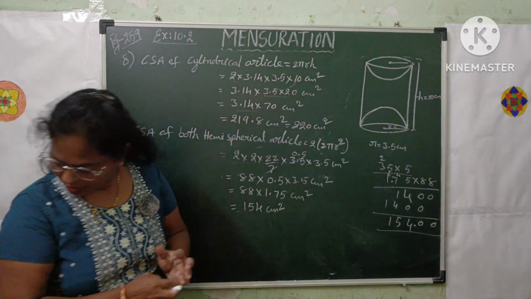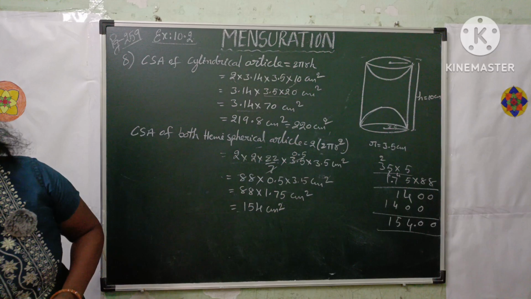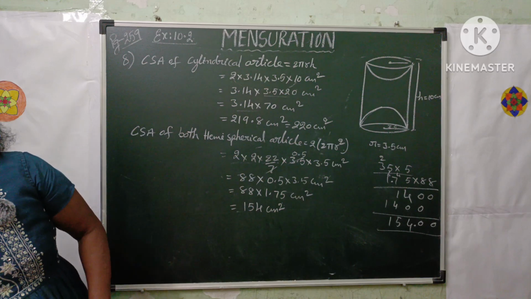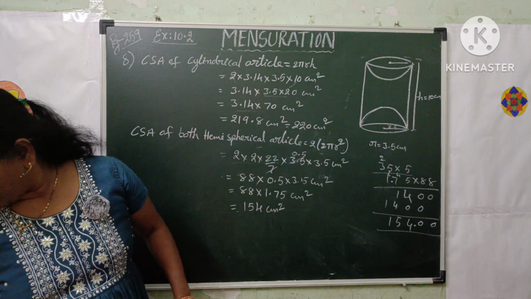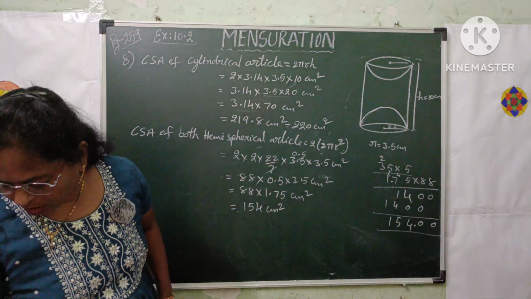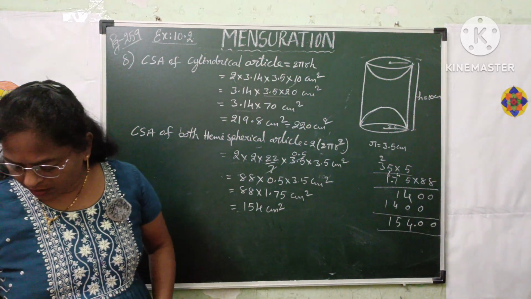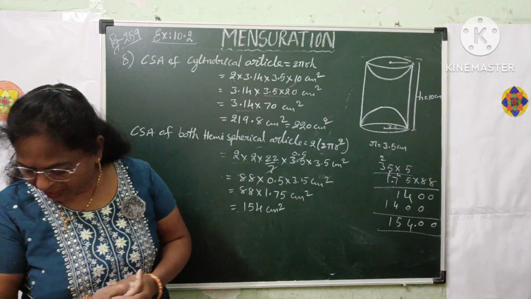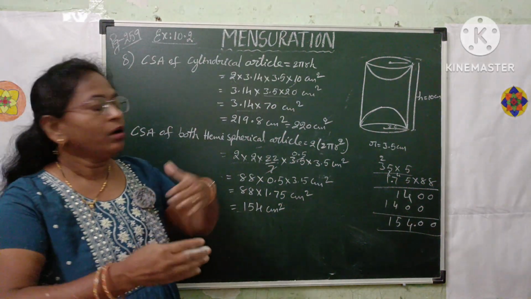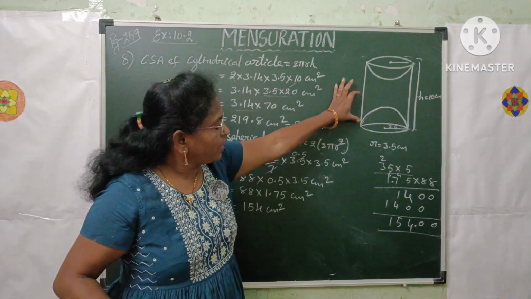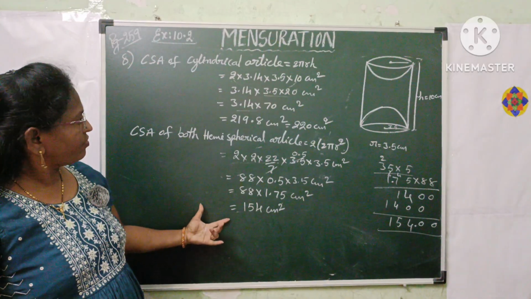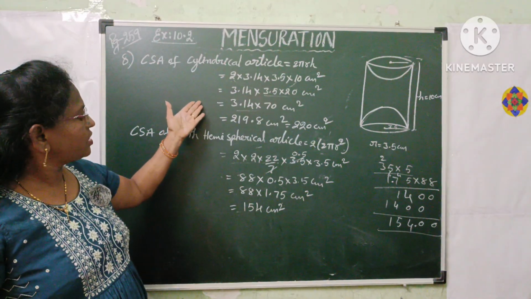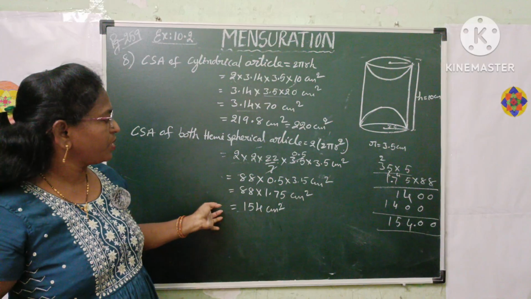Now what do we have to find? We have to find the total surface area after scooping the hemisphere from the cylinder. Already we found the surface area of the cylinder and the surface area of the two hemispheres.